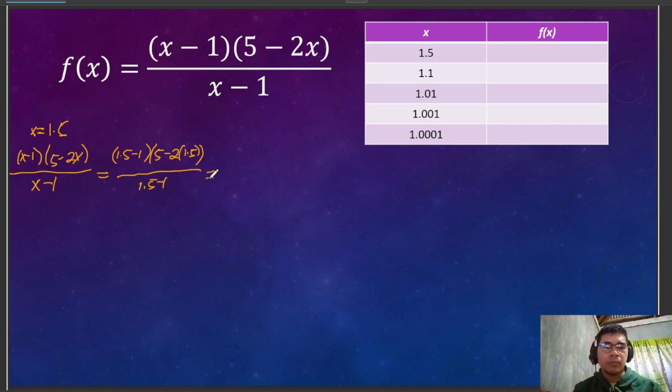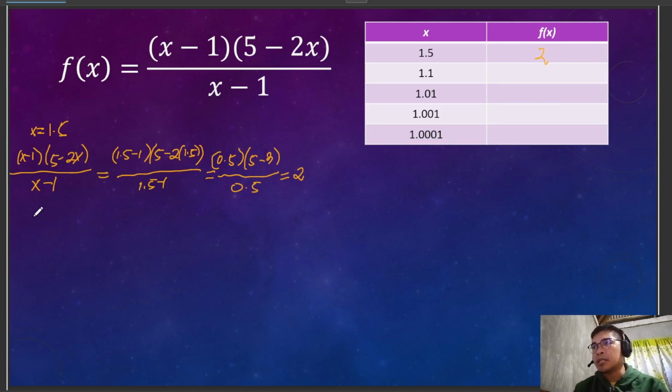So 1.5 minus 1 is equal to 0.5. And we multiply 5 minus 2 times 1.5, so 5 minus 3 is 2, over 0.5. So the answer now is 2. So for 1.5, the output, or f of x, is 2.